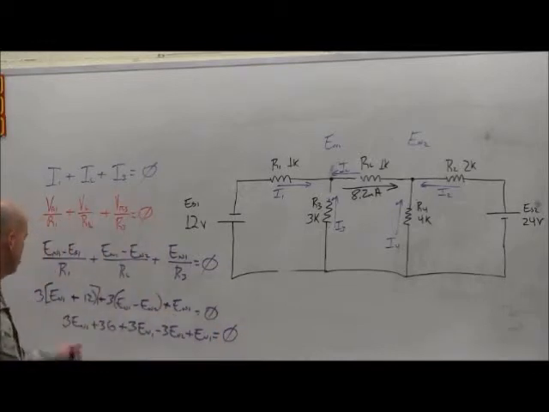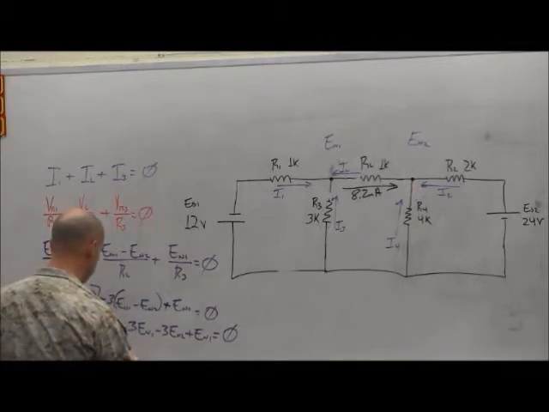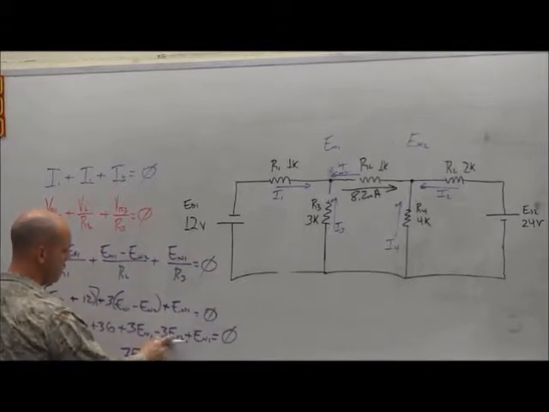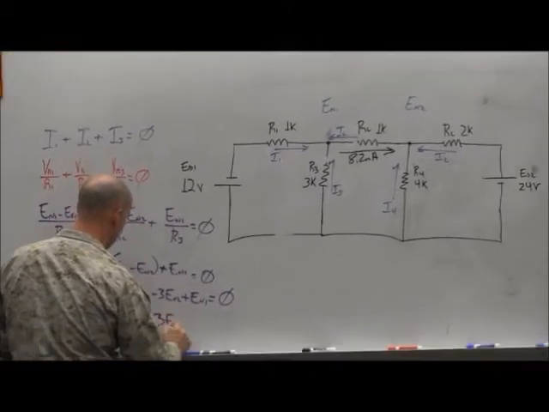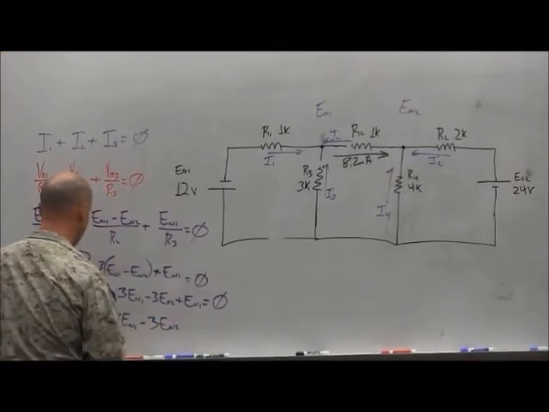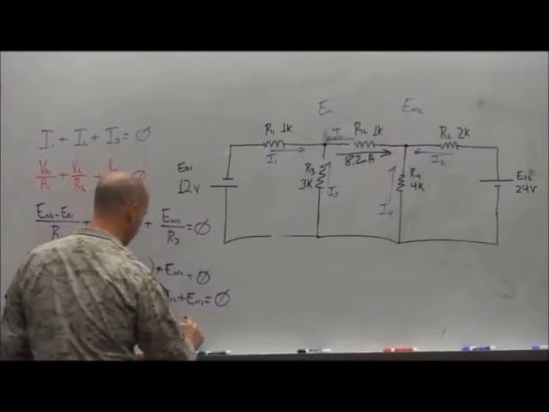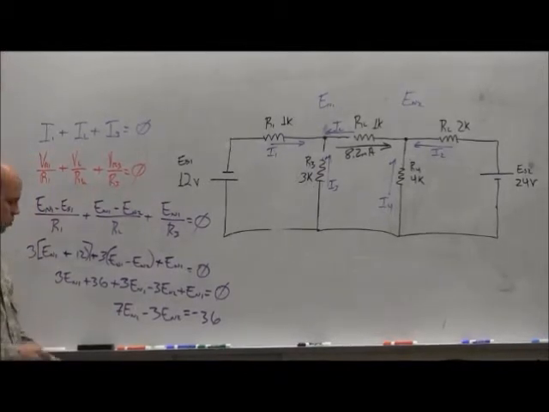I can combine like terms. 3En1 plus 3En1 is 6 En1 plus En1 is 7 En1. And then I have minus 3 En2. And the positive 36, I'm going to move to the other side and make it negative. And there's our node 1 equation.